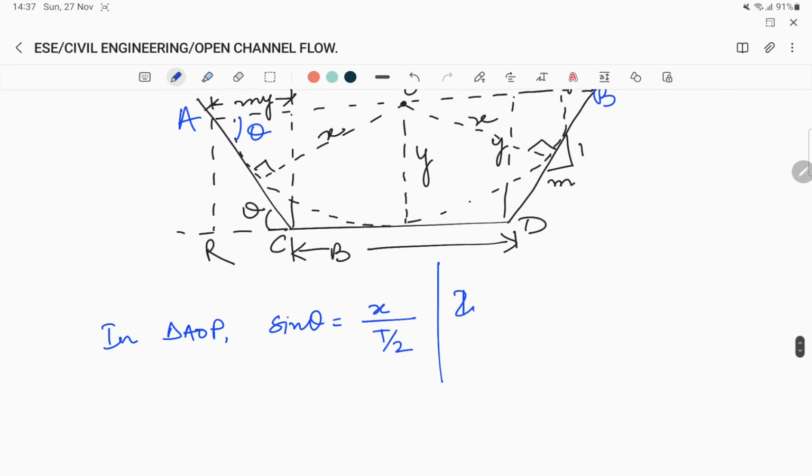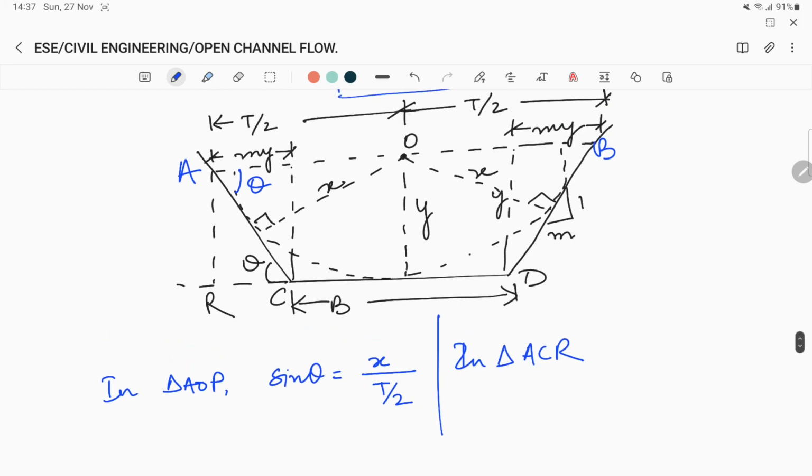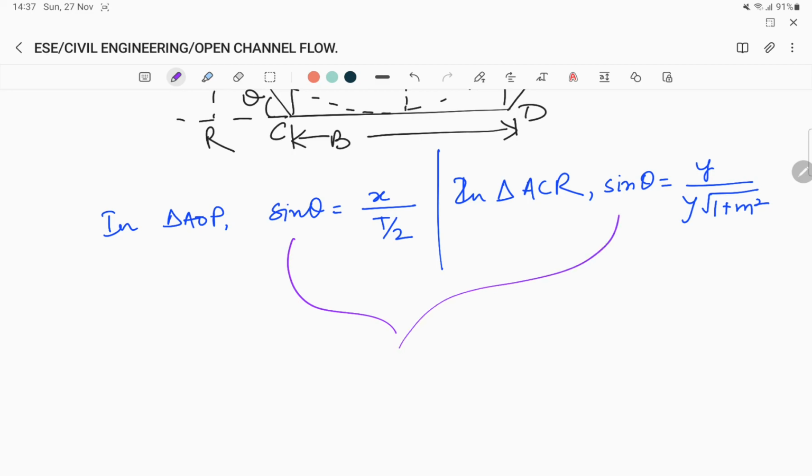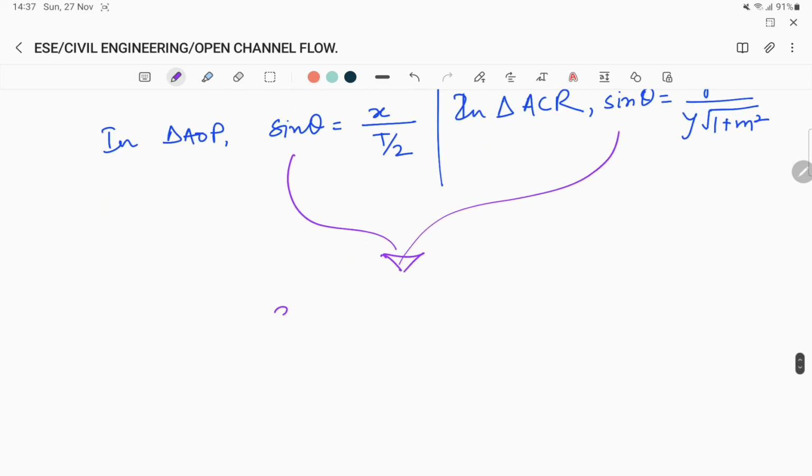And if we take triangle ACR, then sine theta is equal to y divided by y under root 1 plus m square, the side slope length. Since from both equations sine theta should be equal to sine theta, this gives x divided by T by 2 should be equal to y divided by y under root 1 plus m square.